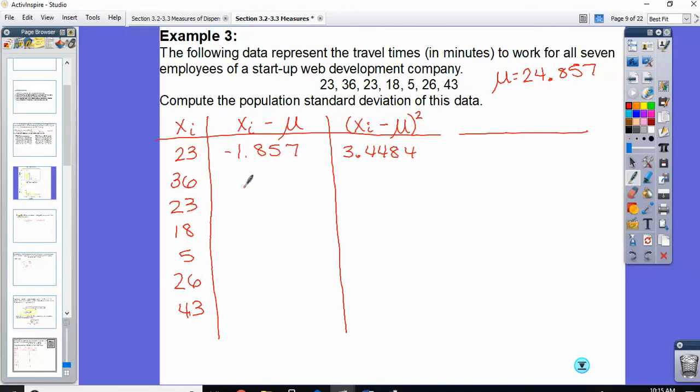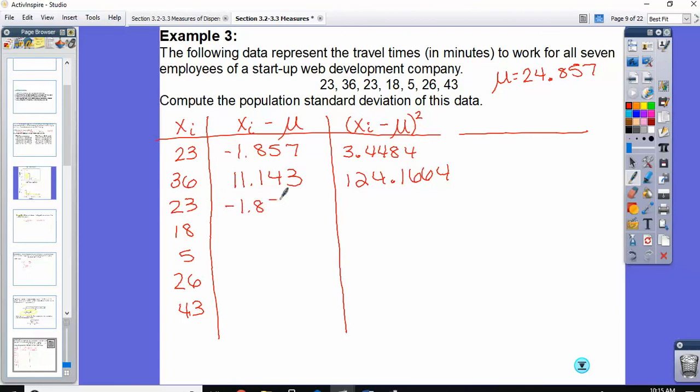Okay, next one. I do 36 minus the 24.857, and then we square that number. This is 23.